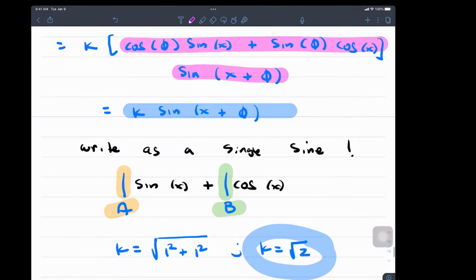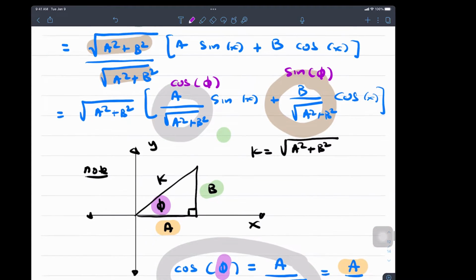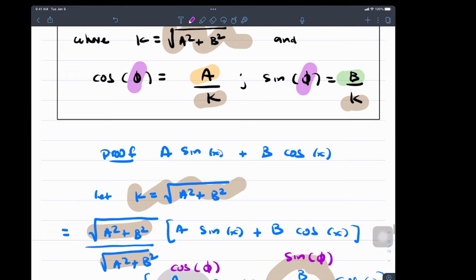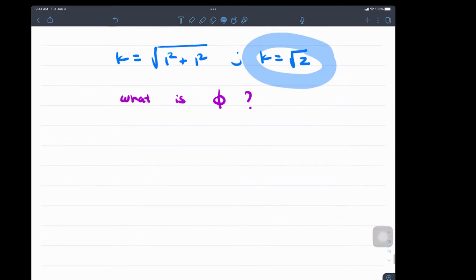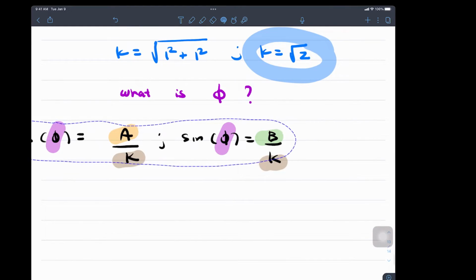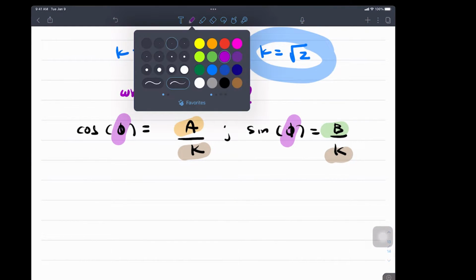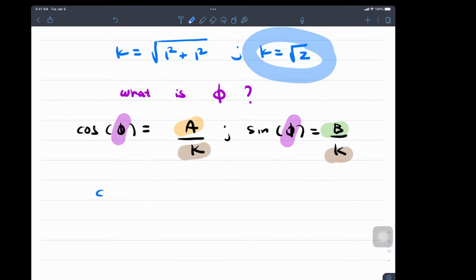It's very simple. Go back over here. Go back and use these formulas here, okay? What do I mean? That cosine phi, A is 1. What is K? Square root of 2.